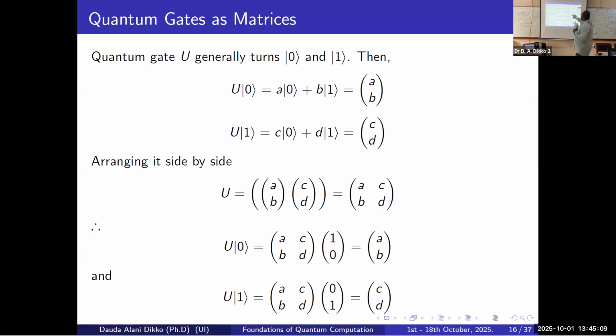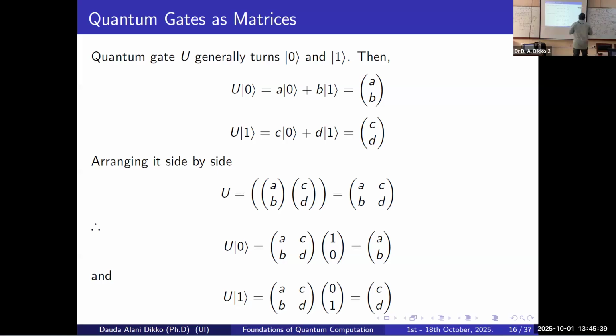If U acts on ket 1, it gives us C and D, representing any value. Then, rearranging it side by side, if AB is (0, 1) and CD is (1, 0), then you can see that my U will become a matrix.